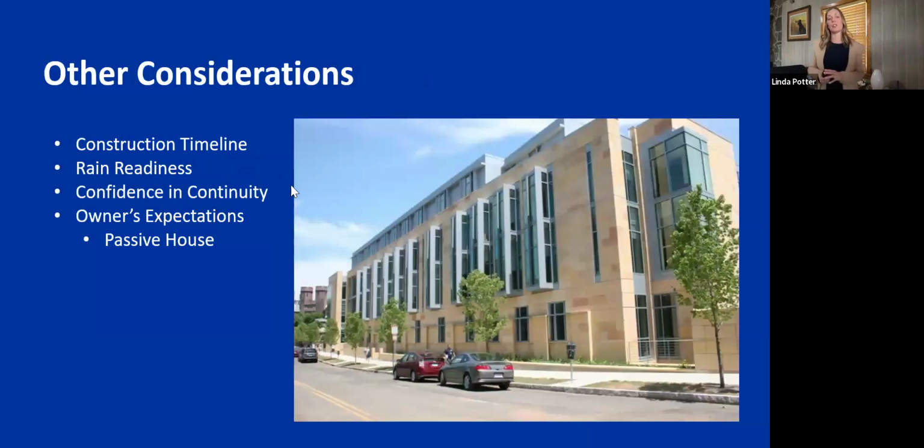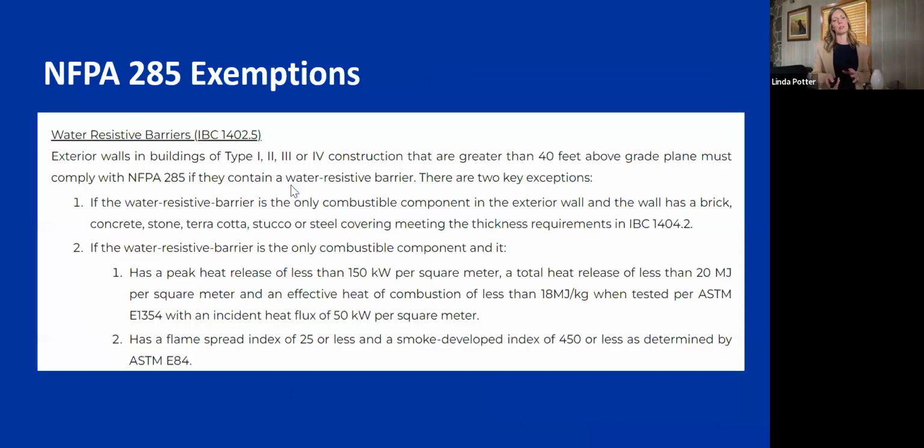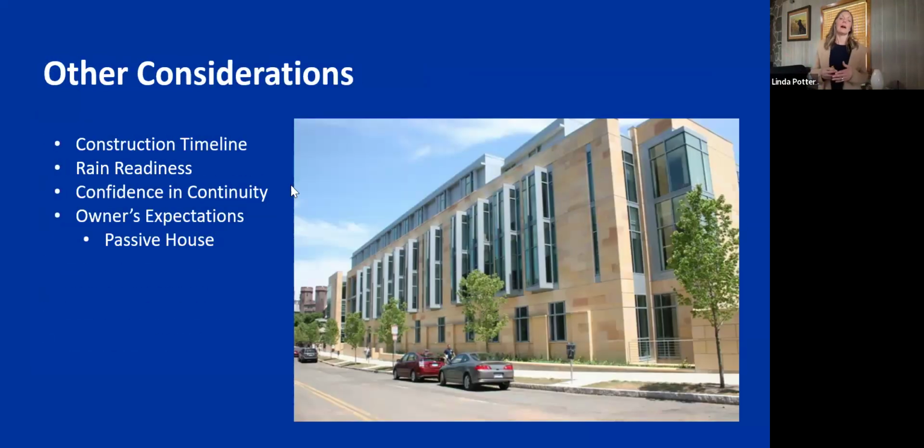One of the things we've learned is, what we know is that construction timelines might also matter for your air barrier. The temperature, the climates, does it need to be rain ready? Do you have lots of rain to where you can't be worried about the rain washing the barrier off the wall if you're using a fluid applied?